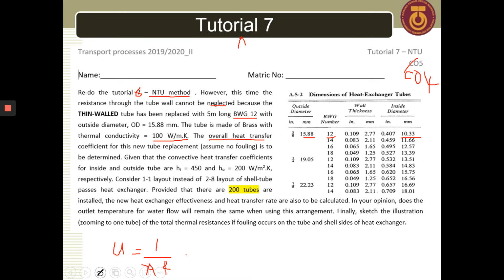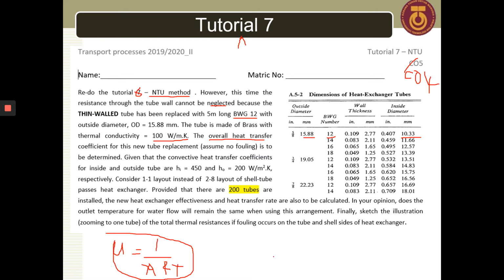It's not easy to write here. Anyway, R total, here it should be T. So 1 divided by area and total resistance.